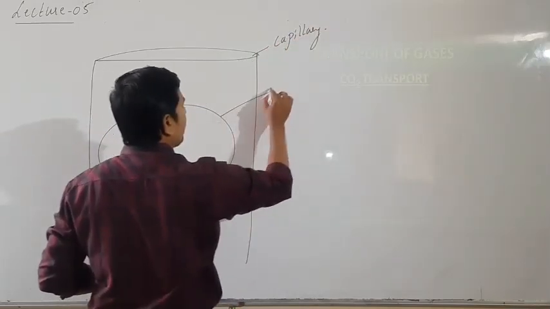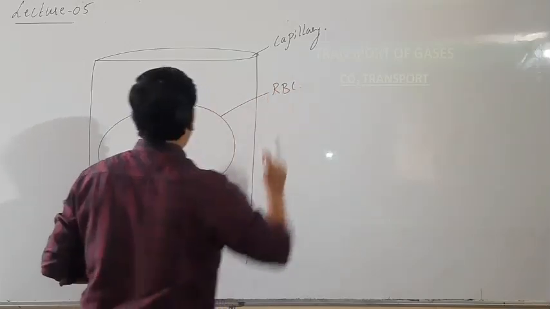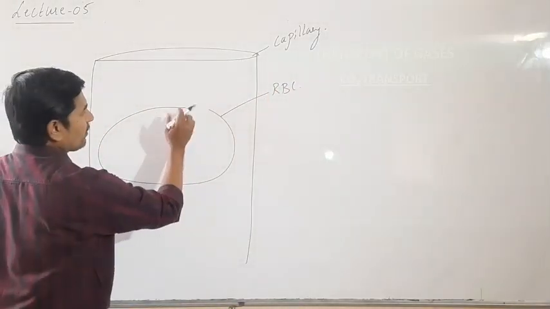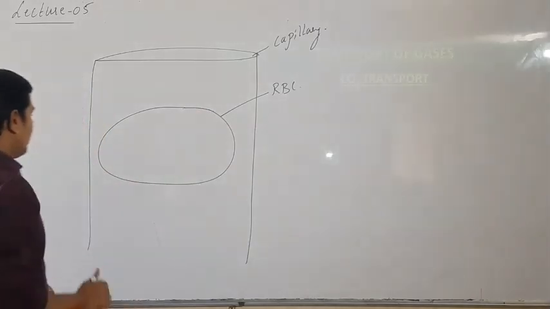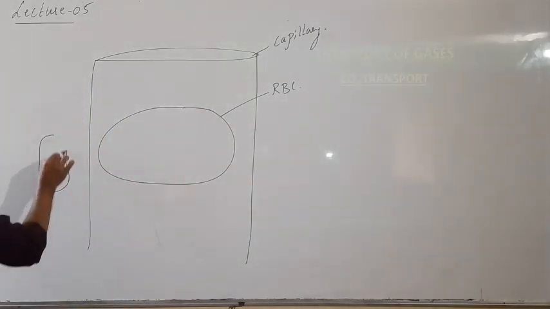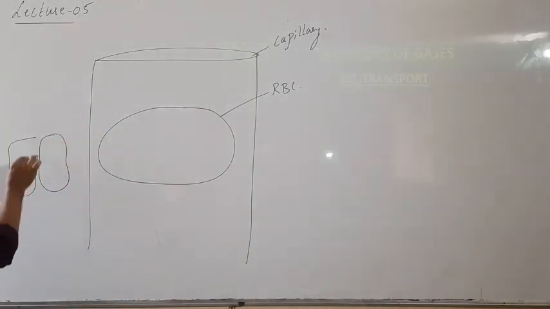RBC has its own plasma membrane. Now here we have the tissues. These are the cells which form the tissues.